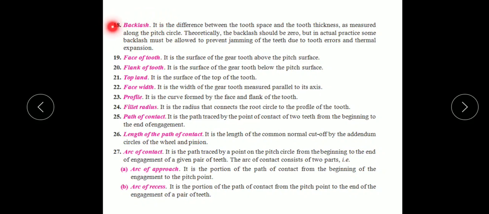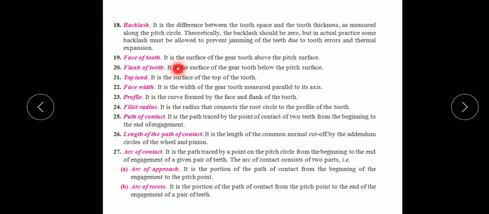If the backlash is high, there is a chance of slipping between the gears, and that will cause a reduction in the efficiency of the transmission. So backlash is a mandatory thing, but excessive backlash may cause failure of the gear transmission mechanism.